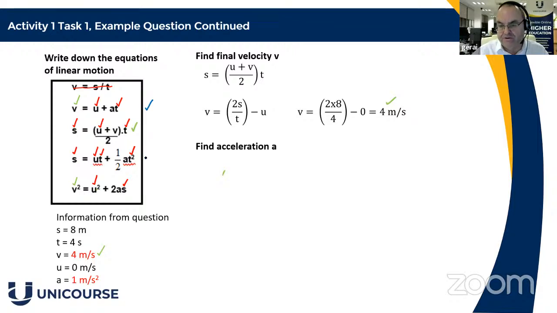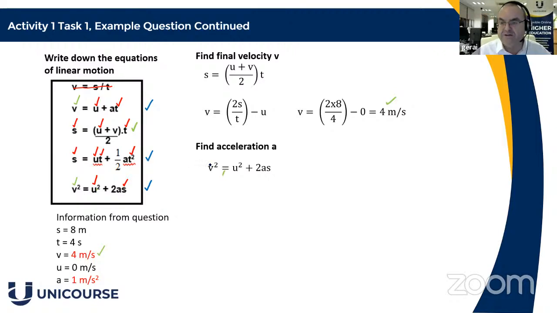We could have used this equation as it was to get the acceleration, and now we can use this equation. It doesn't matter which one you use. They're all going to give the same answer of the acceleration that we're missing. So I've used the bottom one only because it looked a little bit easier. Maybe the top one is a bit simpler, but anyway, that's the one I've used.